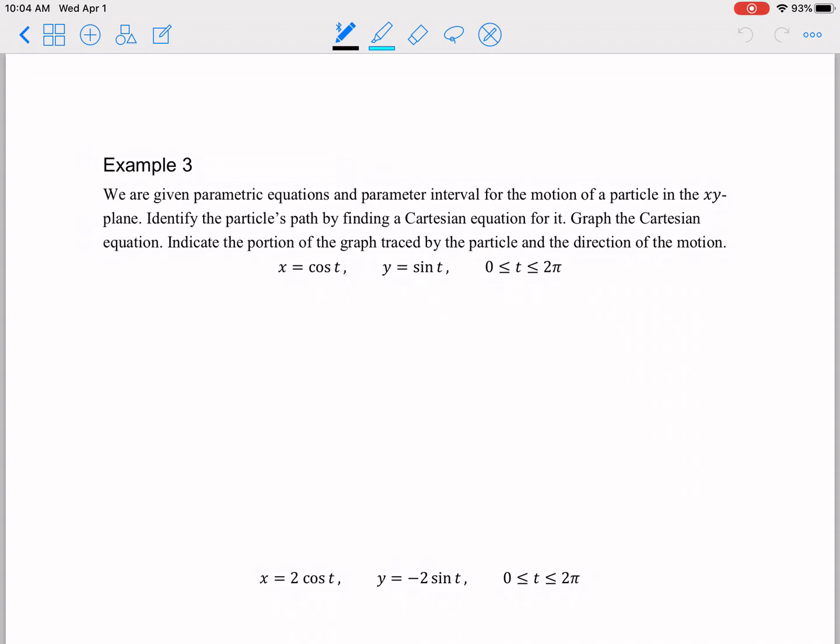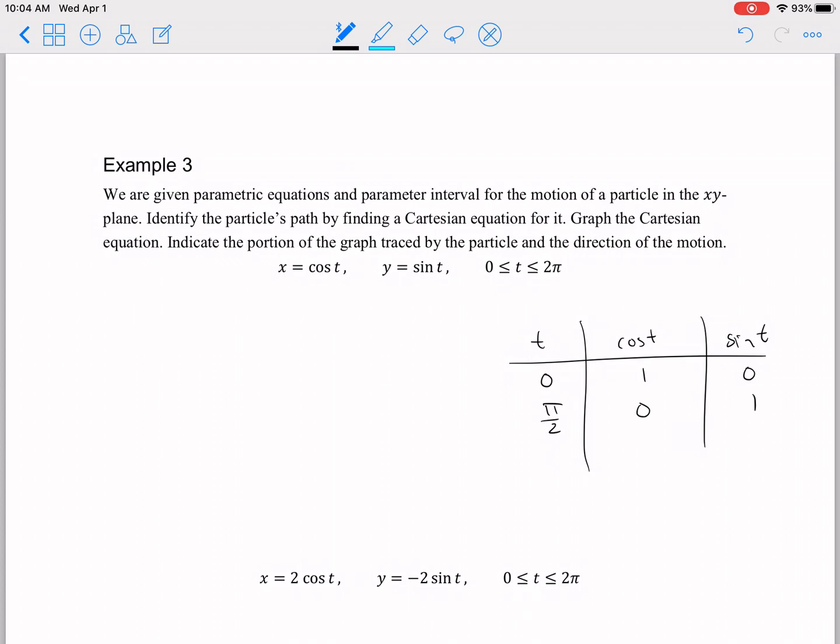And if it's not super familiar to you, then you need to go back and think about your unit circle some more. Because if you start doing points on this, you get t, cosine of t, sine of t. You plug in 0, cosine of 0 is 1, sine of 0 is 0. Skip to pi over 2, you get 0, you get 1.